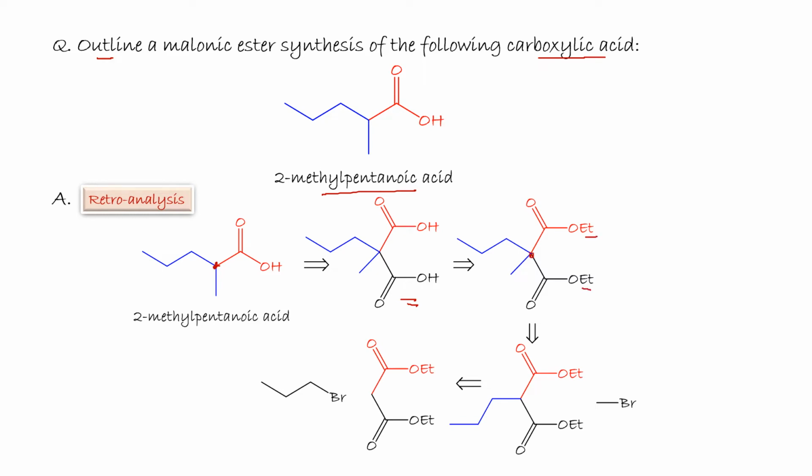This is the alpha carbon, we have double alkylation, one with methyl and one with propyl group. So if we cut in here, it will be methyl bromide with these species, and we get this one from the malonic ester with the propyl bromide.